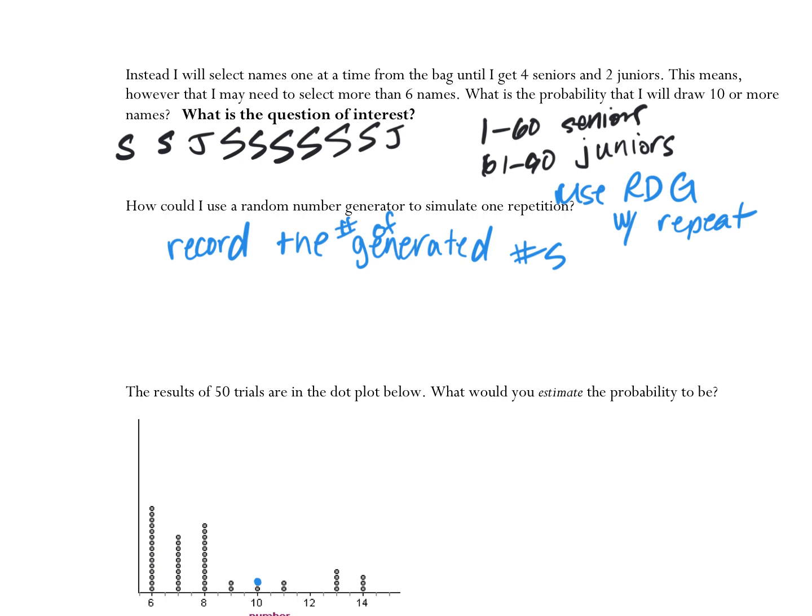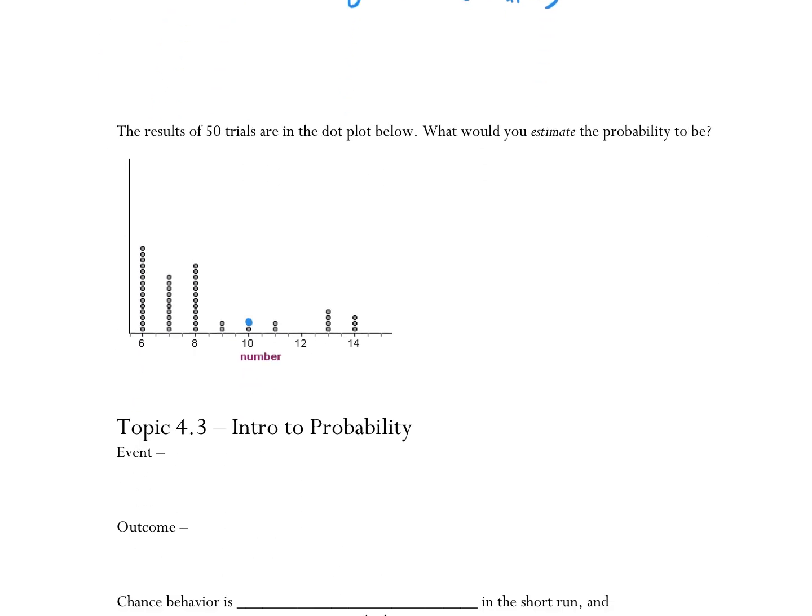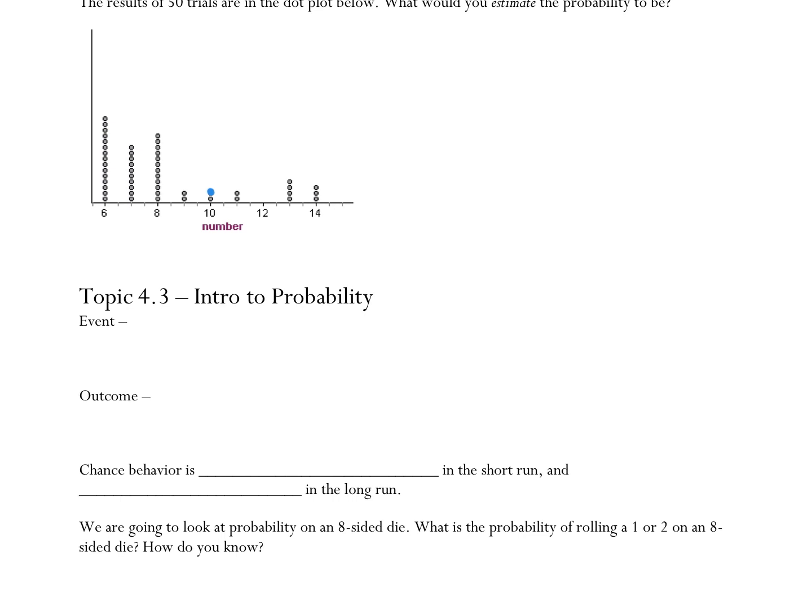All right, and the goal was, what's the probability it takes us 10 or more draws? If I gave you this graph and said, what is the probability of 10 or more? What would you say? 11 out of 50.